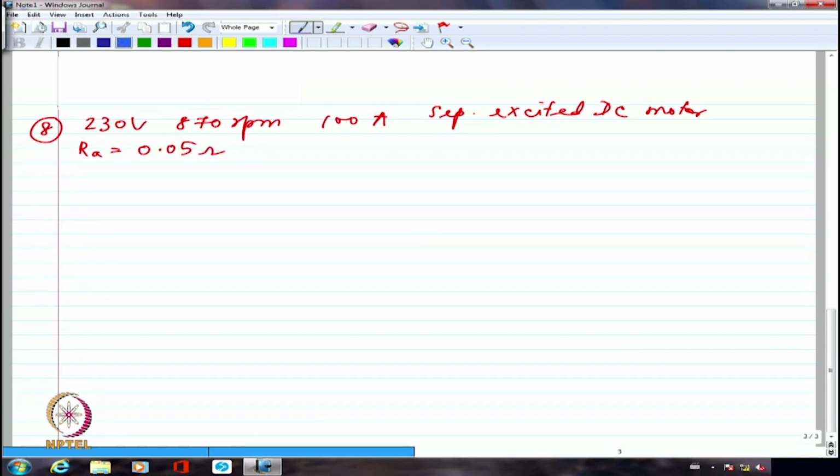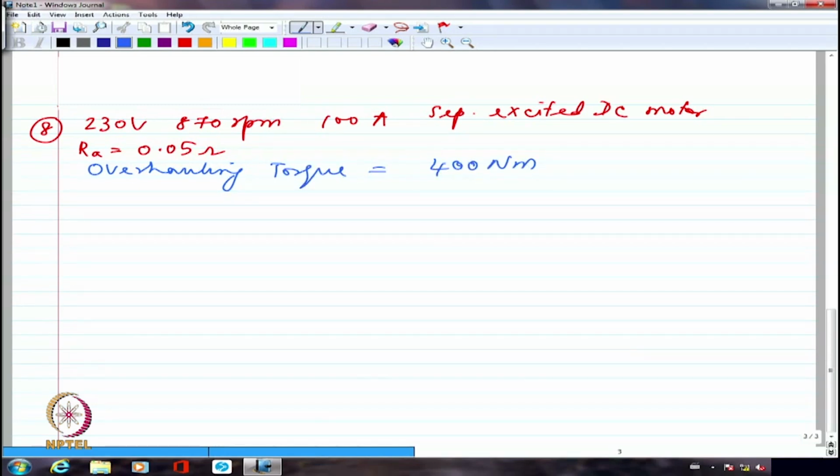It is driving a load, it is coupled to an overhauling load with a torque of 400 Newton meter. So, there is an overhauling torque of 400 Newton meter.